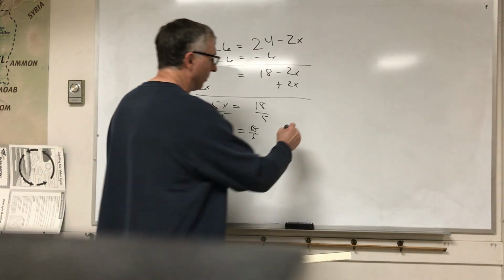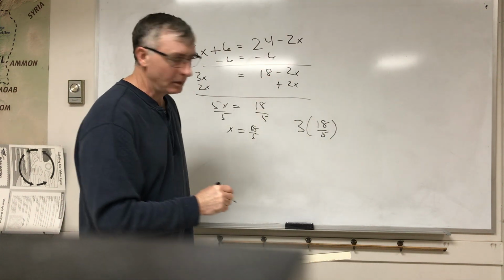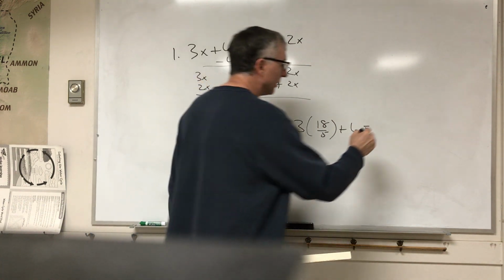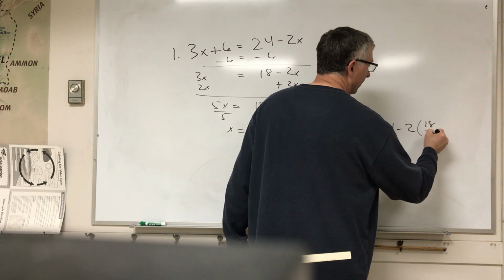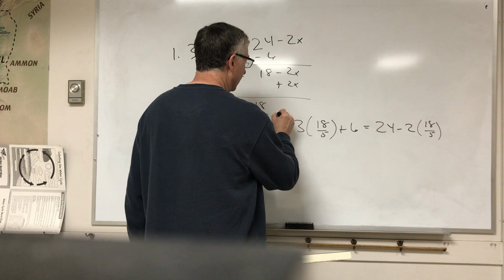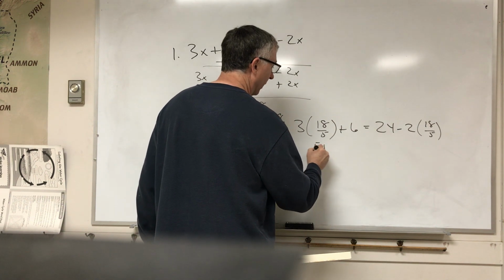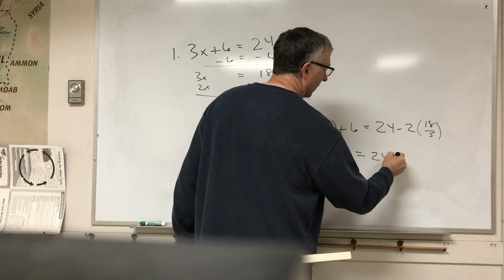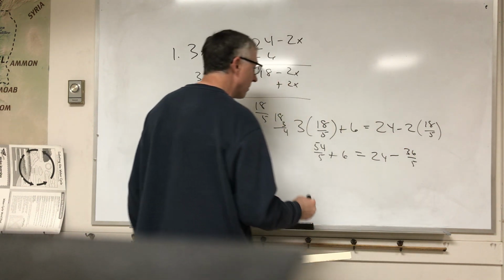So 3 times 18 over 5 plus 6 is equal to 24 minus 2 times 18 over 5. And so I have 18 times 3 would be 54 over 5 plus 6 is equal to 24 minus 36 over 5.